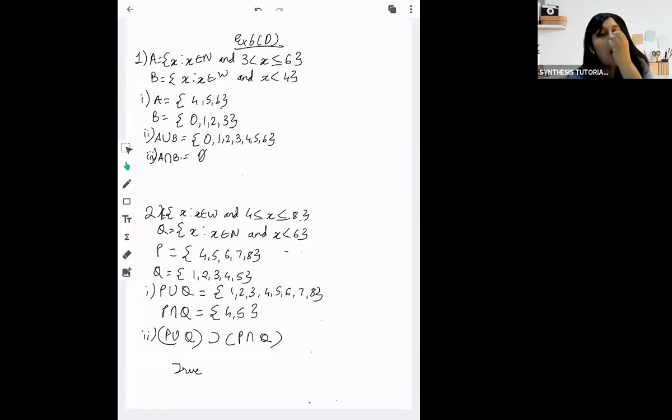Got it? सारे elements ना union मतलब सब कुछ दोनों का share हो जाता है. Intersection में as you can clearly see, is there any common element? Is there any common element? No.